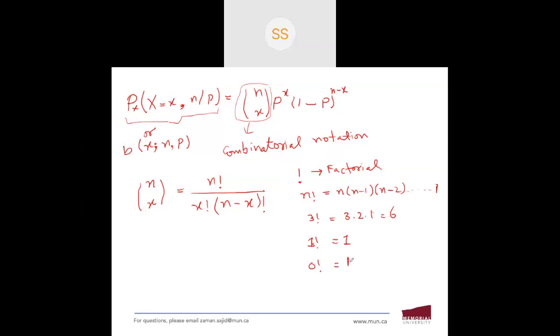Now just for your revision, I'm going to write down some rules on the next slide. These are some of the rules for solving them. If you have n choose 0, this is equivalent to n choose n, and the answer is always 1. If you have n choose 1, this is equal to n.